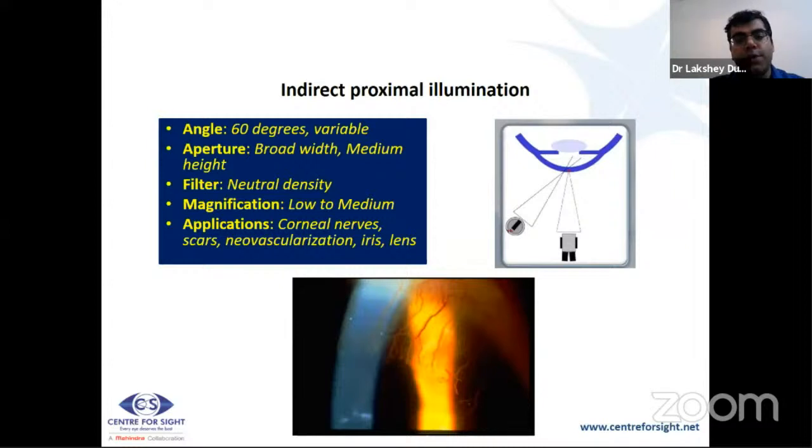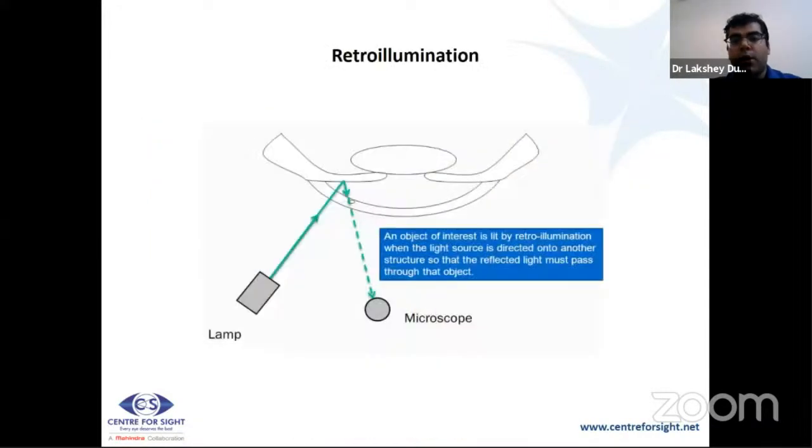This is most commonly used for seeing corneal nerves, scars, neovascularization of the cornea. Another way is retroillumination, in which basically you get the reflections from the back. So you can get reflections from the iris or from the fundus.